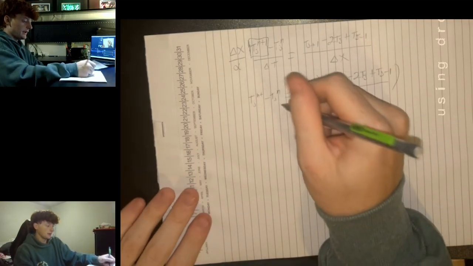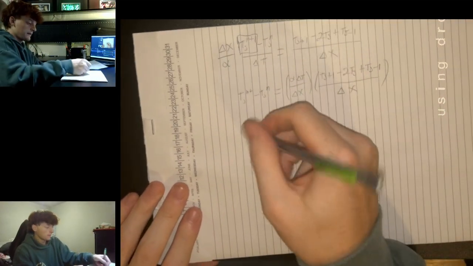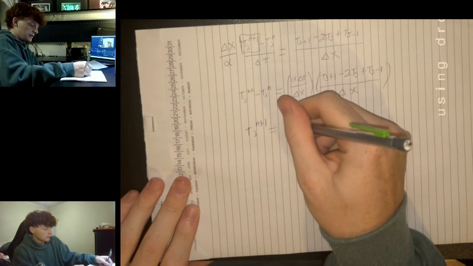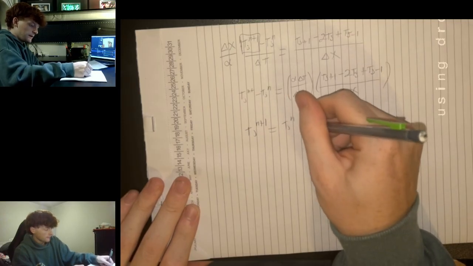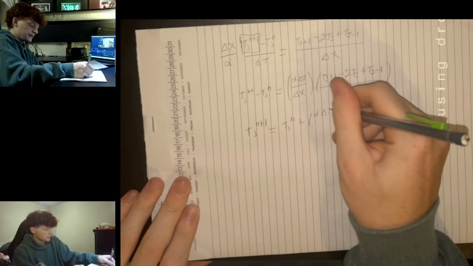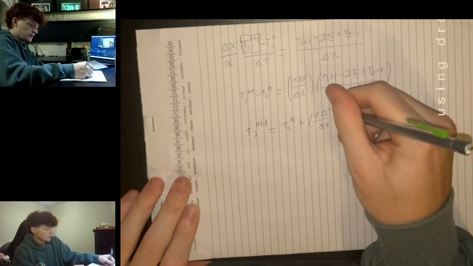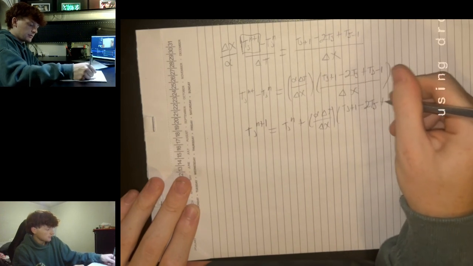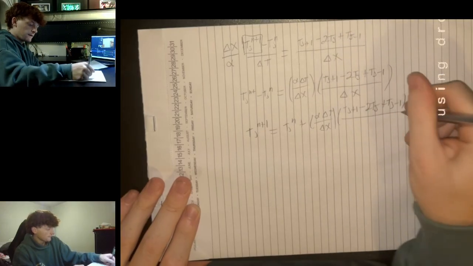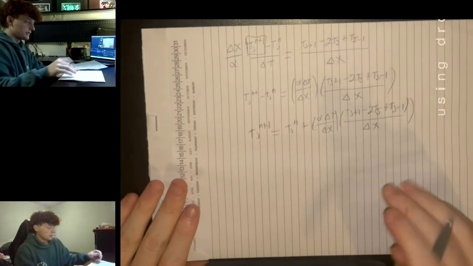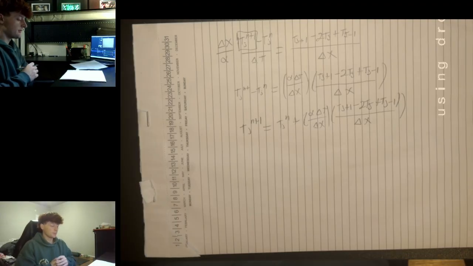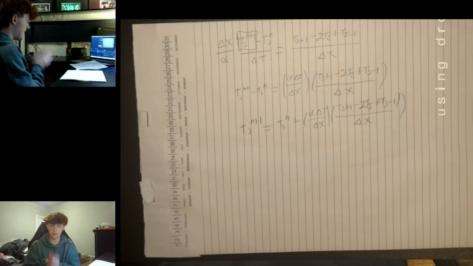And then we can go ahead and add our Tj n over to the other side, and we're going to be left with our Tj n plus 1 by itself, and then Tj n plus our diffusivity delta t over delta x times Tj plus 1 minus 2 Tj plus Tj minus 1 over delta x. So we now have the equation to solve for our Tn or Tj, whatever our Tj might be, and find its end temperature after it reaches a steady state.